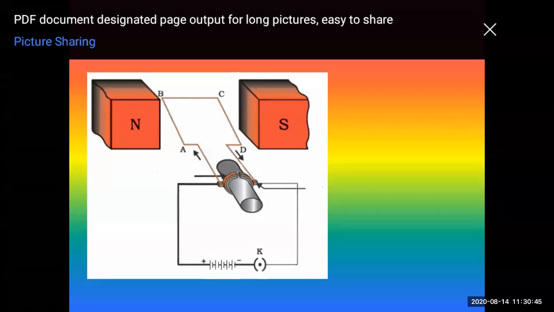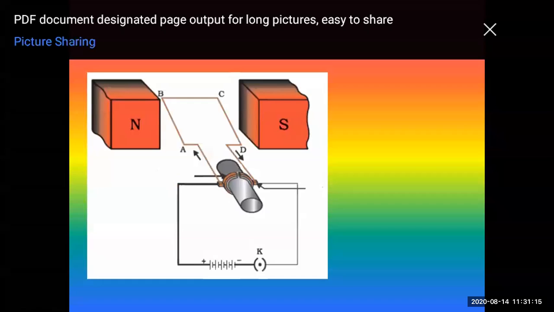After half rotation, branch AB takes the place of branch CD, and branch CD takes the position of branch AB. Therefore, the induced current goes from point D to point C, from C to B, and from B to A. Can you see in the PPT, students, how the induced current flows from D to C, then C to B, and then B to A?